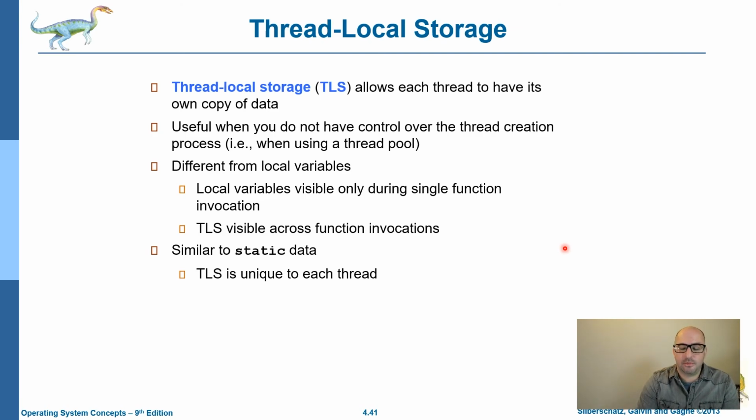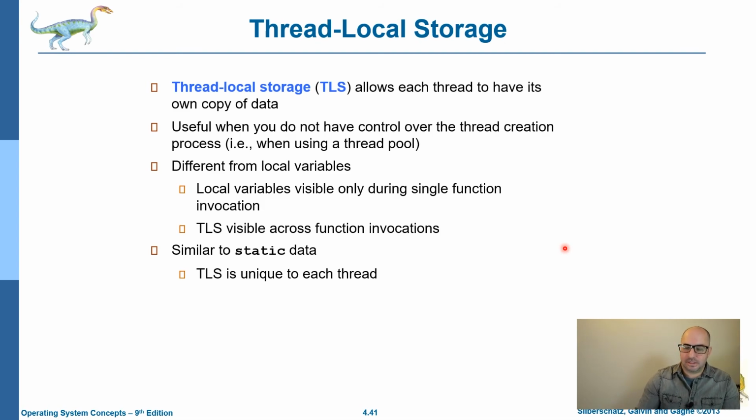Thread local storage, which you may have heard of in other operating systems referred to as task local storage, TLS, separates data between threads. This is local state to a particular thread, and this differs from information on the stack.